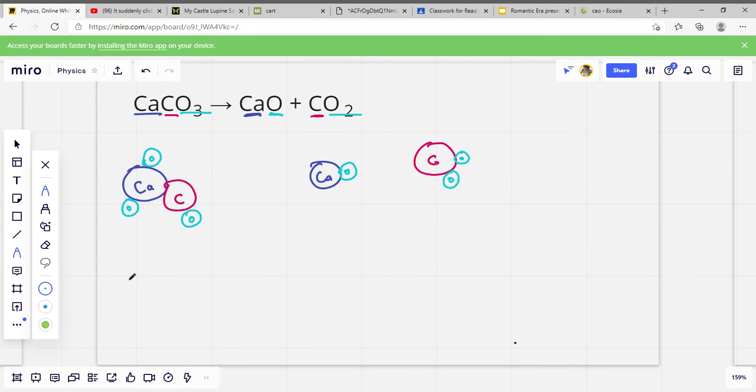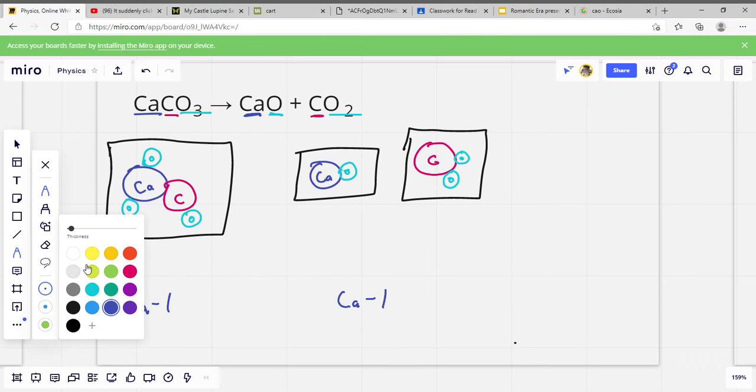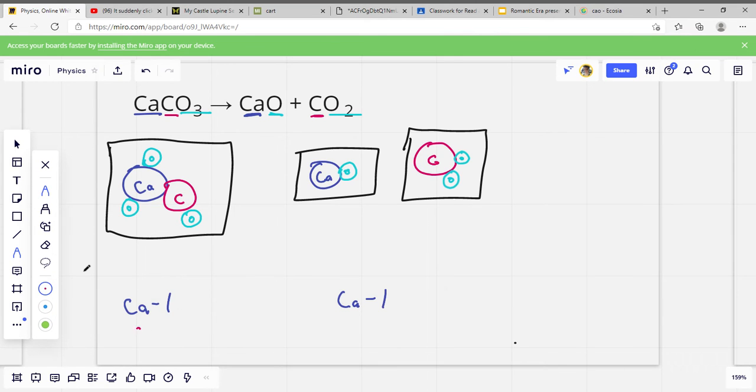All right, and now we can check and see if that's balanced. So we started off with this molecule right here, and we ended up with these molecules right here when it broke down. And our calcium, we have 1, and over here our calcium, we have 1. Our carbon, we have 2. No, we have 1.